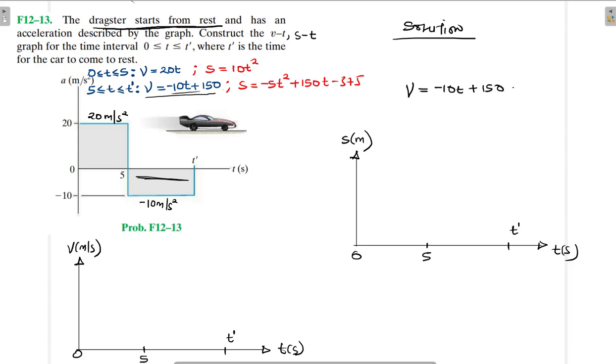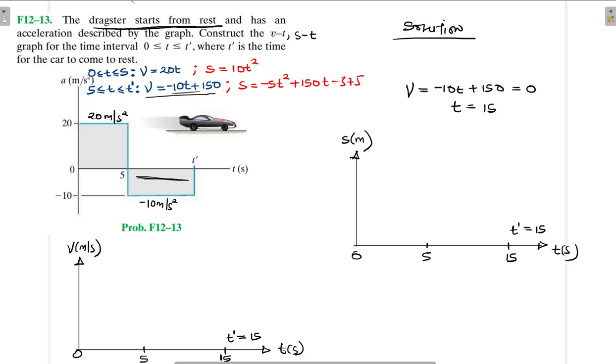So what will be the value of t when velocity is equal to 0? Our t is going to be equal to 15. So therefore our T prime is equal to 15. Hence this point is 15 on both graphs.